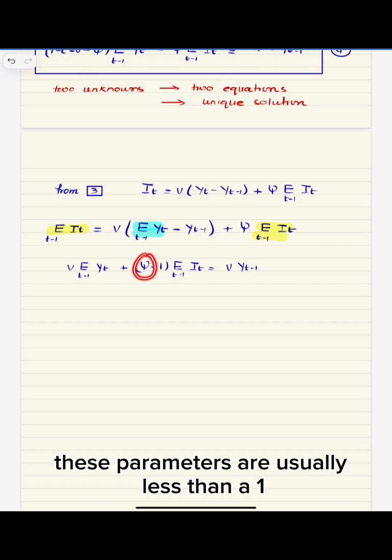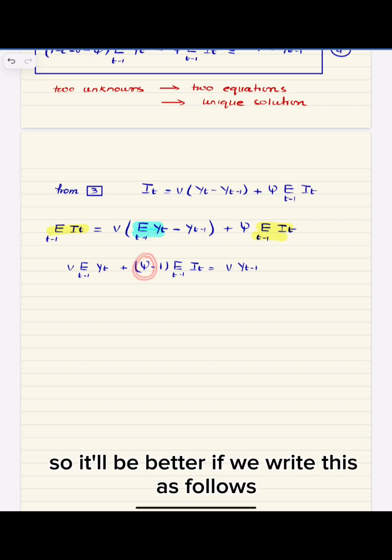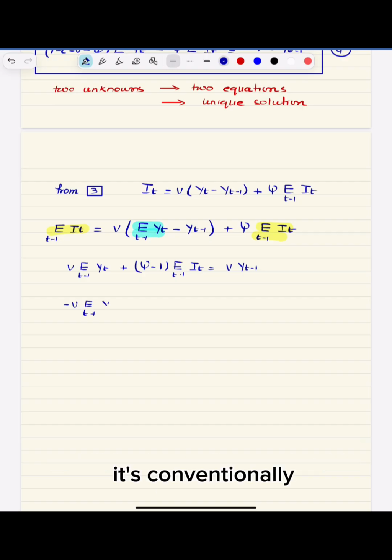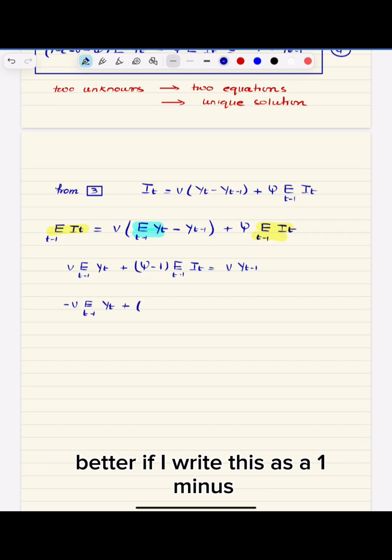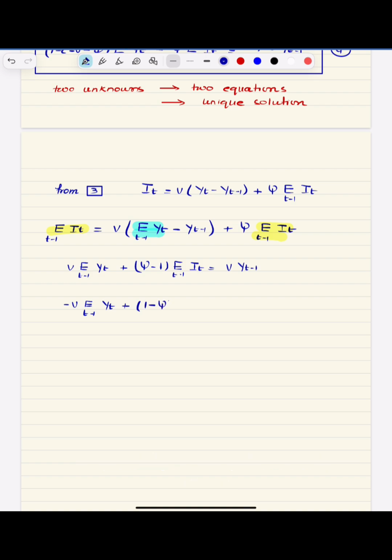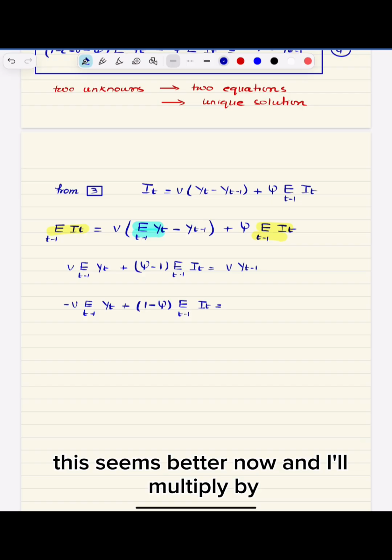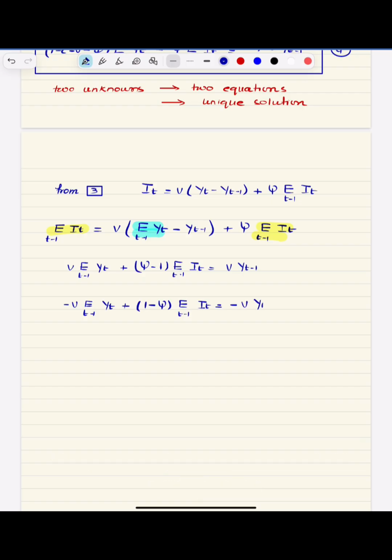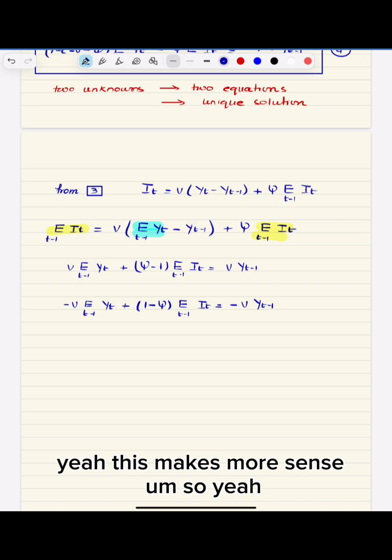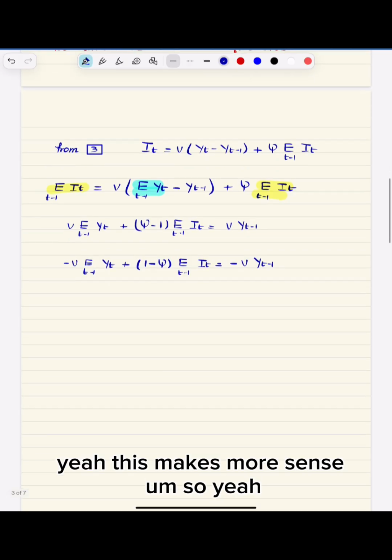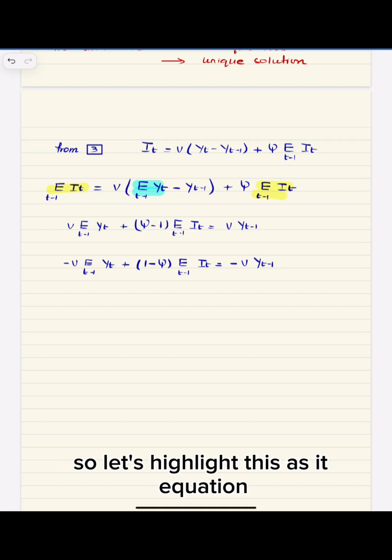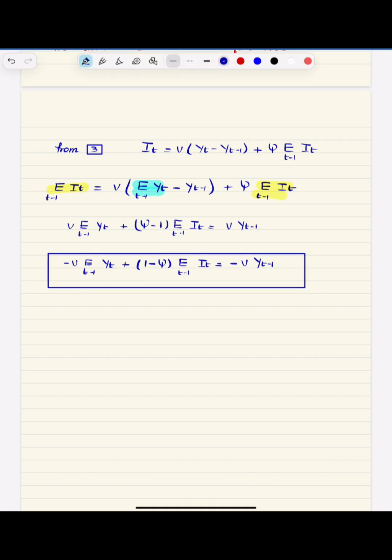Remember, these parameters are usually less than 1, so it'll be better if we write this as follows. It's conventionally better if I write this as a 1 minus this. Okay, so this seems better now, and I'll multiply by, yeah, this makes more sense. So let's highlight this as equation 5.